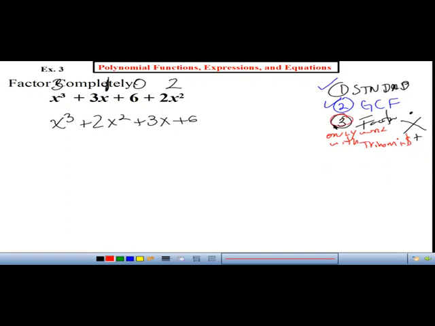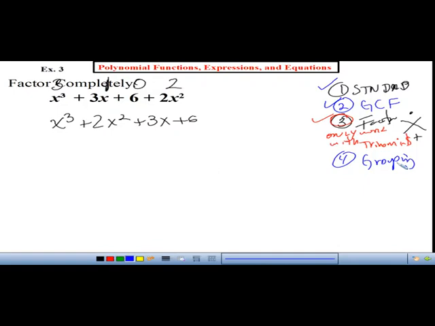Is that a trinomial, guys? No, we have 4 terms. So that means we don't do 3, we go to step 4, which is factor by what? Grouping. Factor by grouping works with 4 terms.